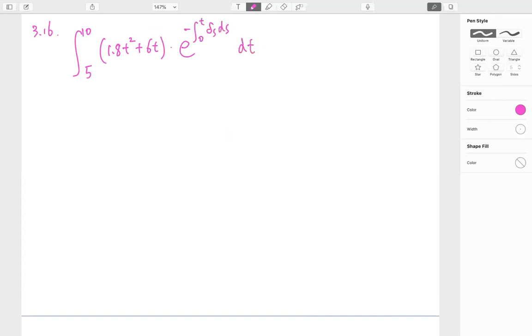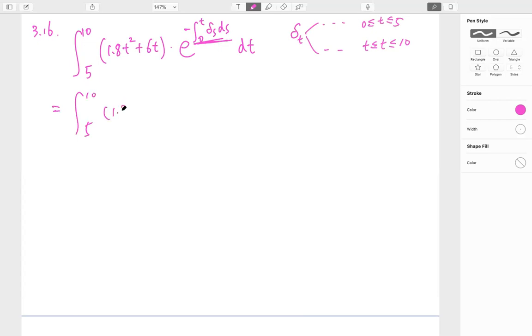Okay, so the difficult part is this. You need to further separate into 2 pieces because delta t takes a different form for t less than 5 and for t greater than 5, right?